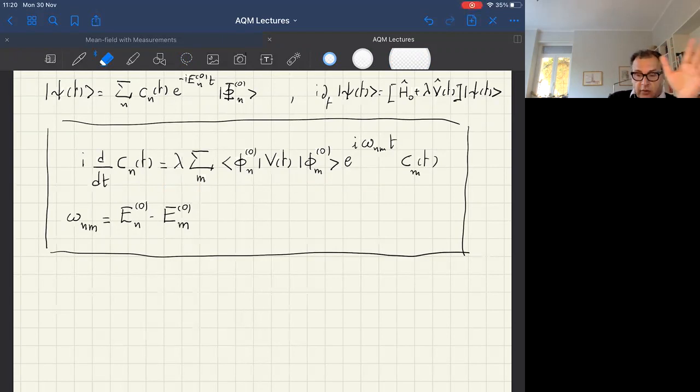So far what I wrote is exact, but this set of equations is as difficult as the initial Schrödinger equation. This is nothing else than just rewriting the same problem. Instead of using operators, we are just using a matrix representation.